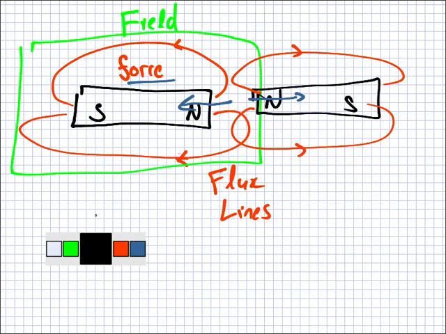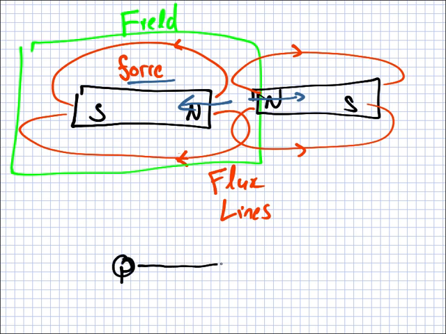Another thing which we'll see later is if you have a charge, say you have a proton. If that proton is moving, it will make a magnetic field around it. So if you take a proton and you just throw it, it will make a magnetic field as it's moving.